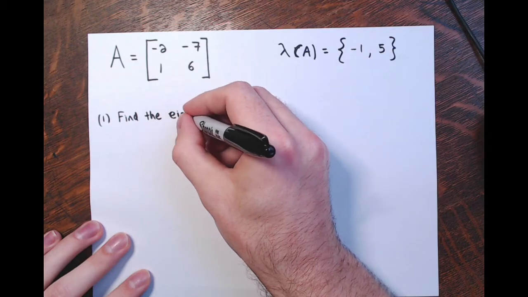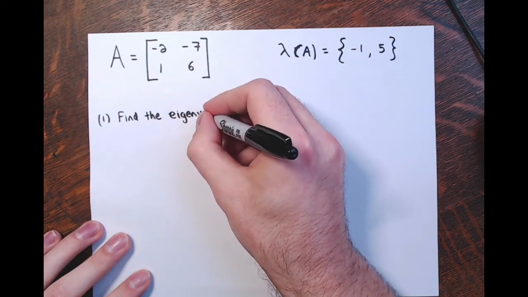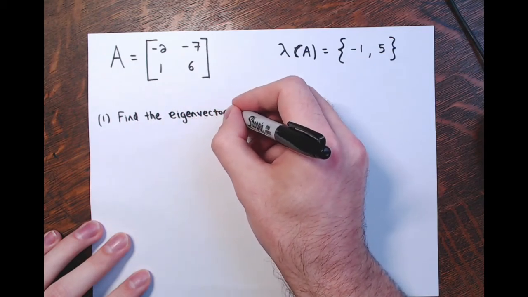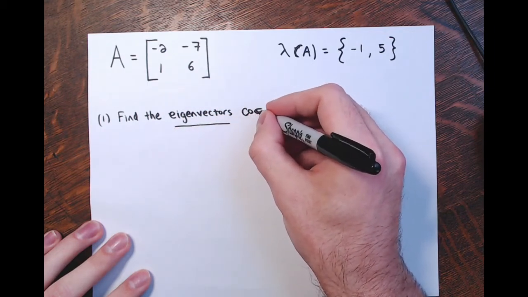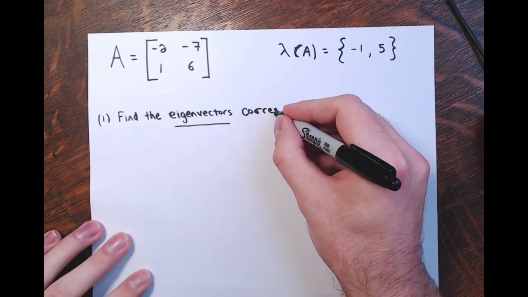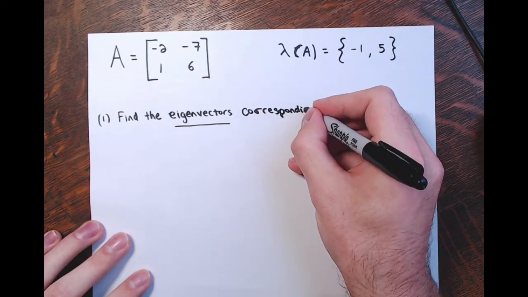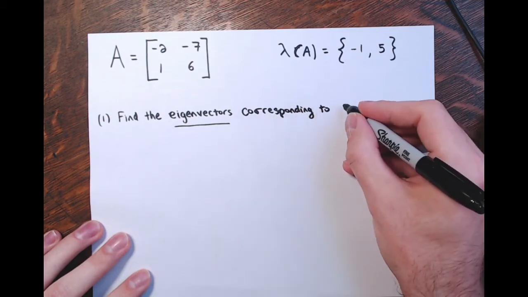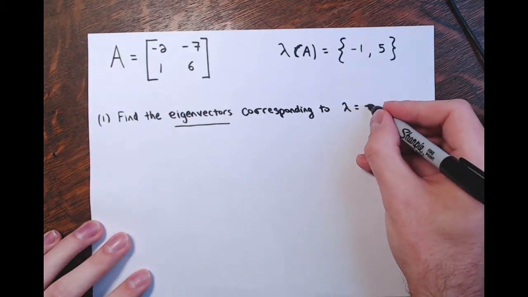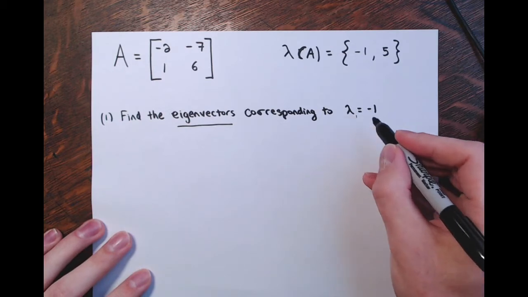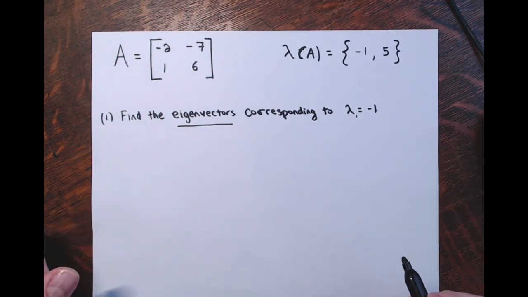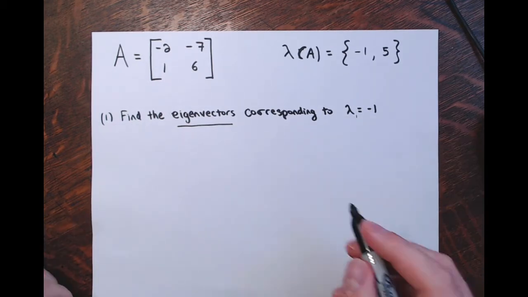So I'm going to find the eigenvectors. Let's find the eigenvectors corresponding to, let's say, lambda equals -1, right? I'll call it lambda 1, because it's the first eigenvalue I'm looking at. All right, so here's what you do.